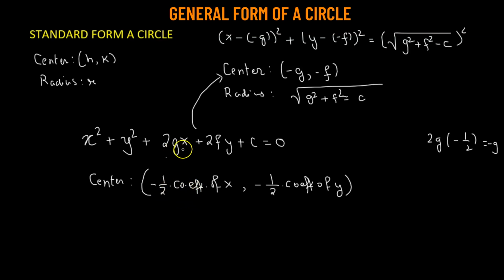All you have to do is take the coefficient of x from the general form of the circle and multiply with negative half. Similarly, we'll take the coefficient of y and multiply with negative half.